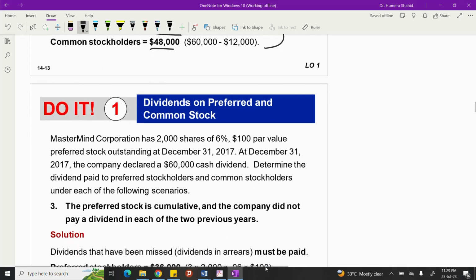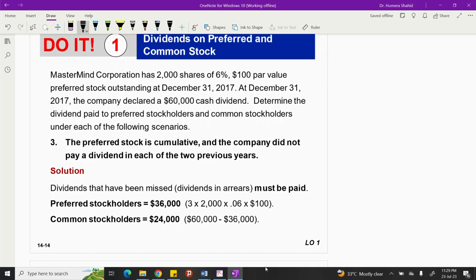Let's move towards the third possibility. The preferred stock dividend is cumulative and company did not pay the dividend in each of the 2 previous years. Just now we did the calculation for per year dividend for preferred stock. 6% of 100 is $6. 2,000 shares, $6 each.